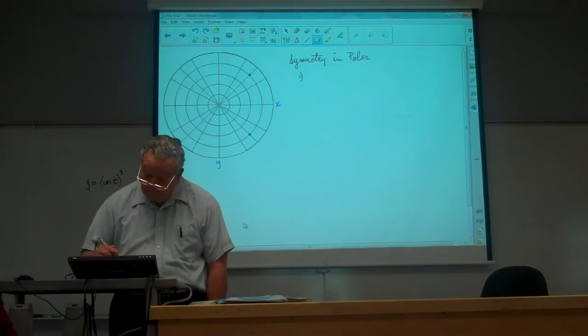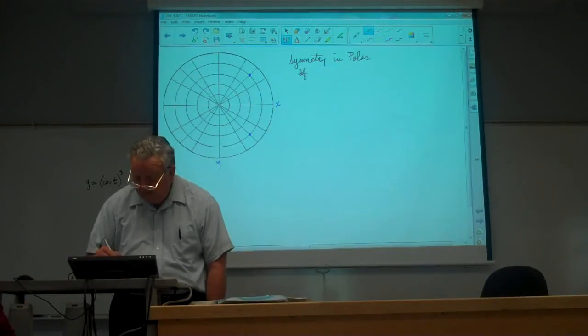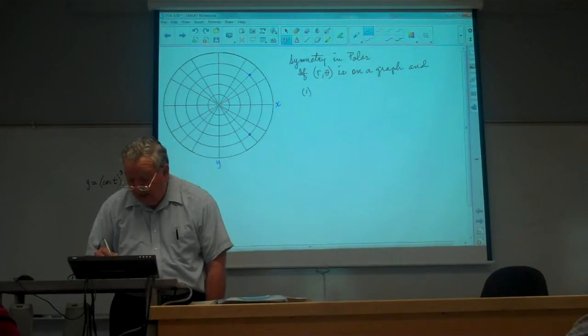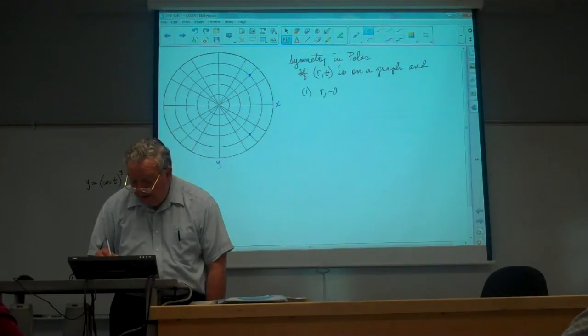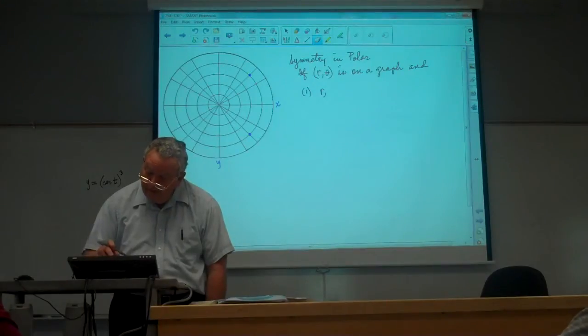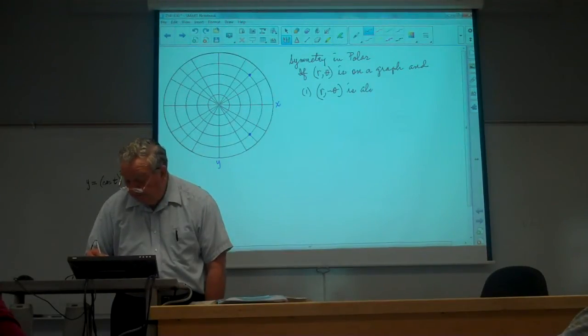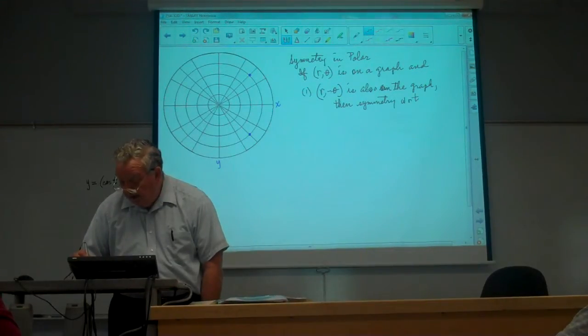Number one: if the point r, theta is on a graph and the point r, minus theta is also on the graph, then symmetry with respect to the x-axis.